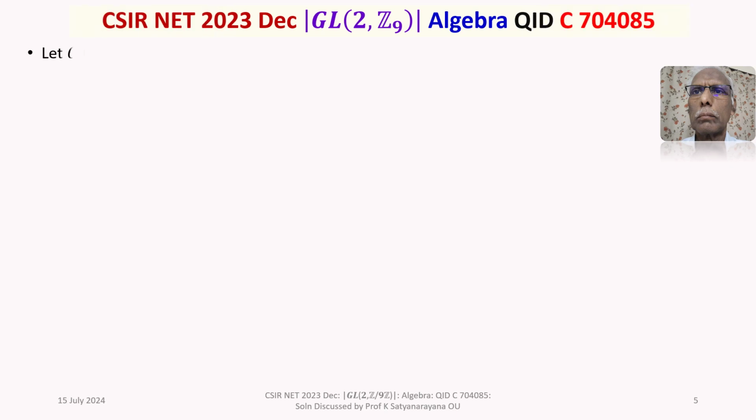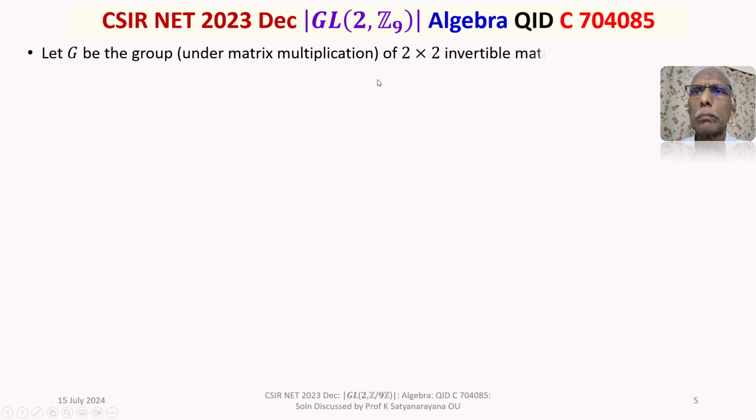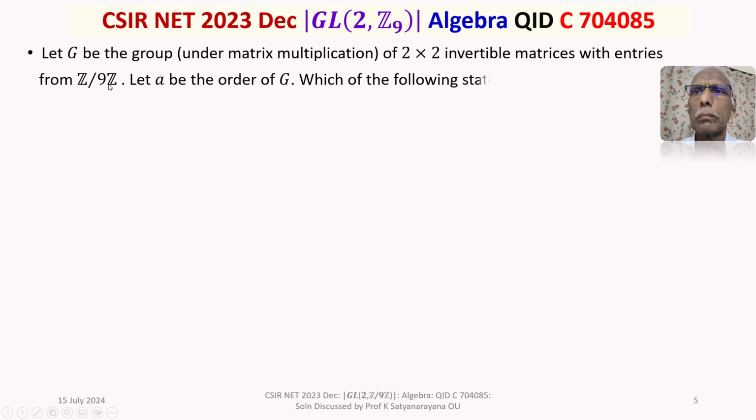The given question is: let G be the group under matrix multiplication of 2 by 2 invertible matrices with entries from Z by 9Z. Let A be the order of G. Which of the following statements are true?